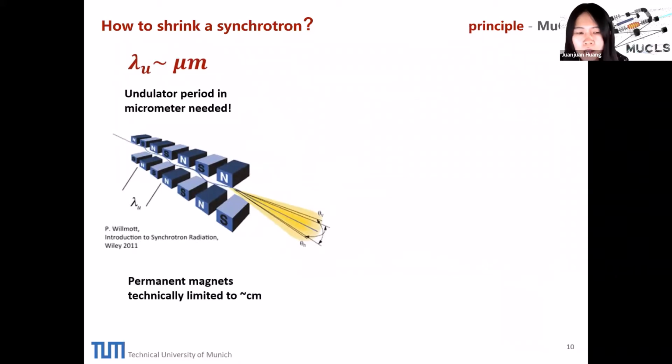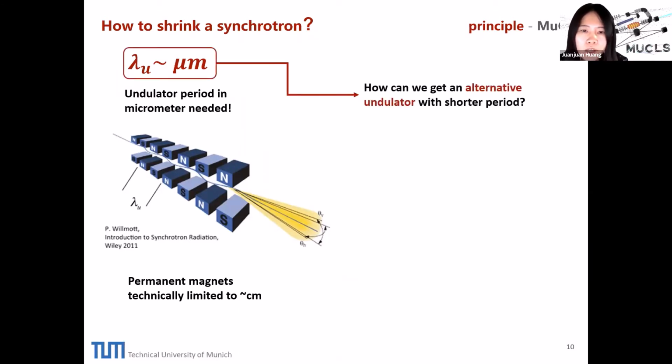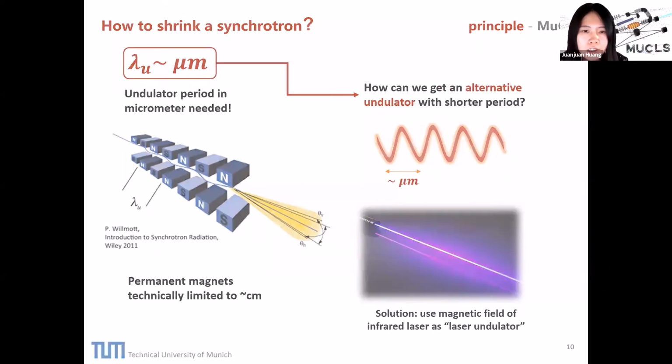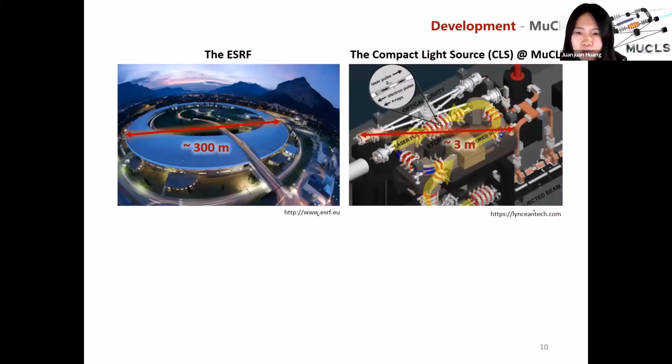However, in current synchrotron undulators, permanent magnets are technically limited to the centimeter scale. So how can we get an alternative undulator with a shorter period? The answer is to use the electromagnetic field of an infrared laser as a laser undulator. Using this idea, such a compact synchrotron can be built in a lab.